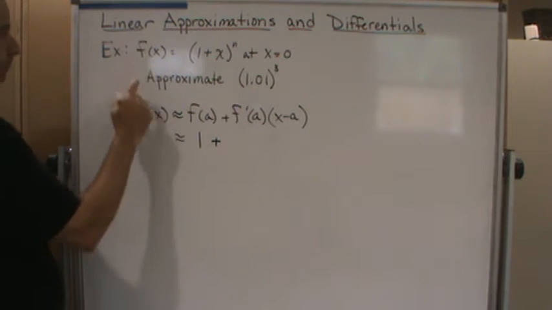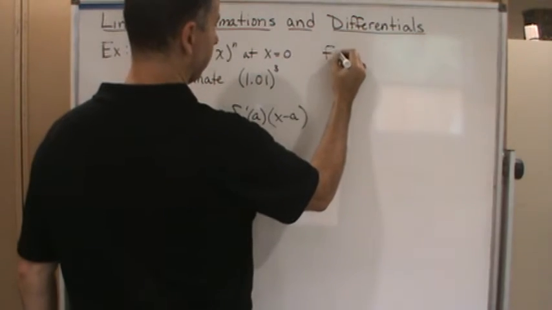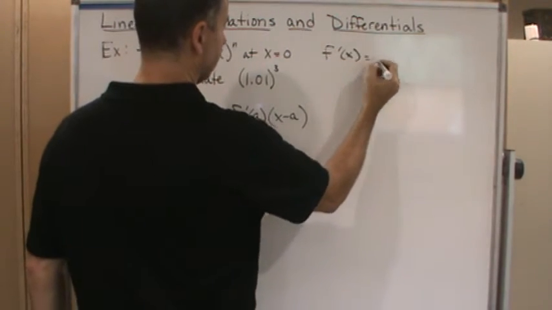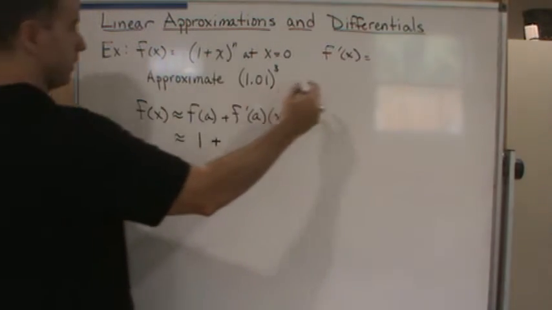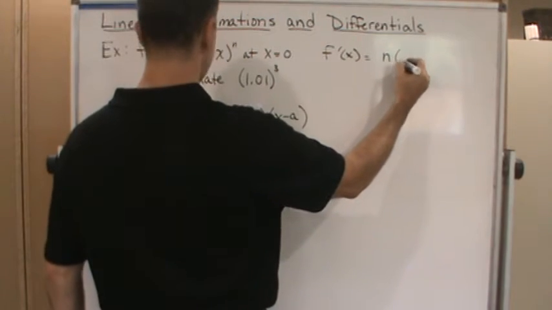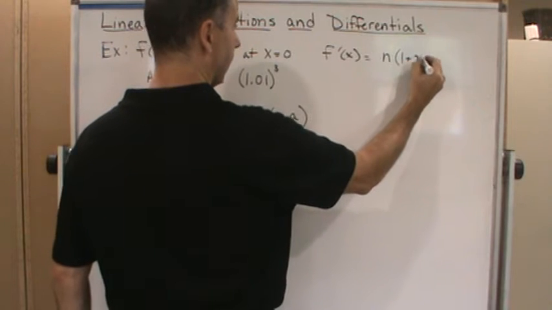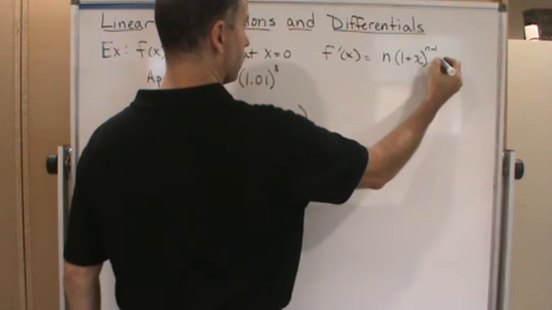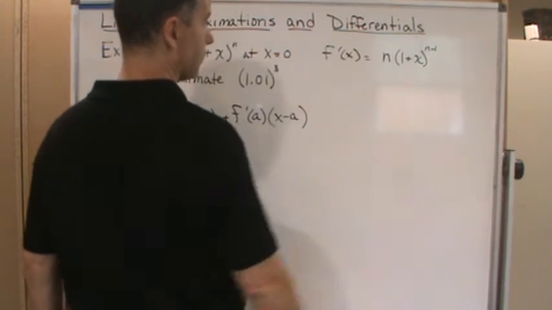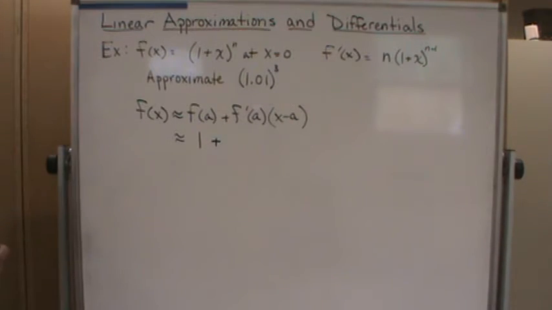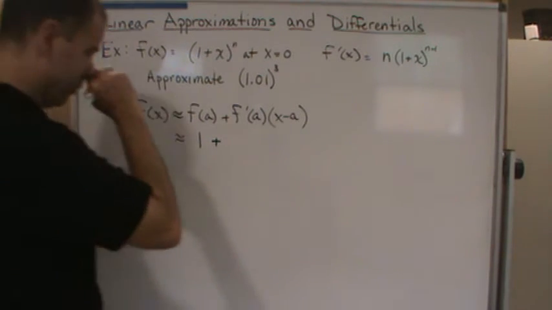Well, how do we take f prime of x? Well, f prime of x is equal to what? Well, it's going to be the chain rule, right? So this is going to be n times 1 plus x to the n minus 1, and then times the derivative of the inside, which is just 1. So that's what we get. Okay? Now, if we plug in 0, guess what?